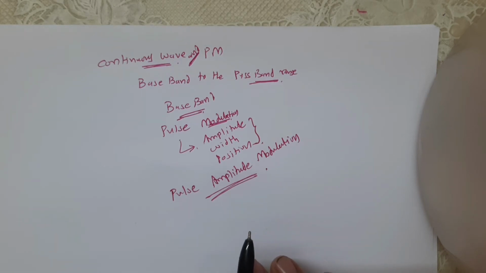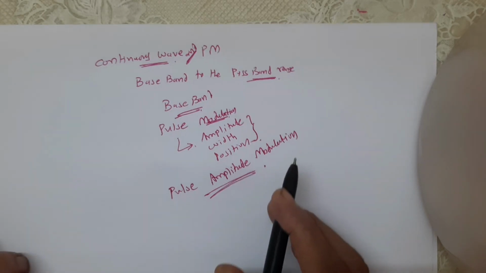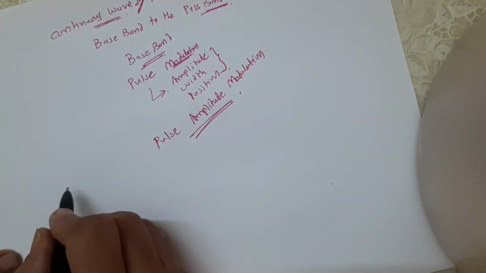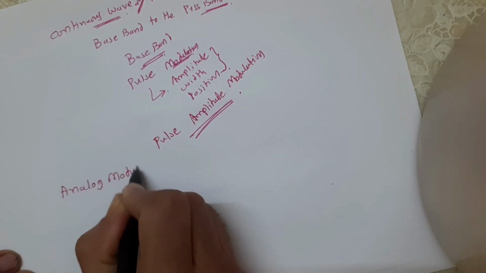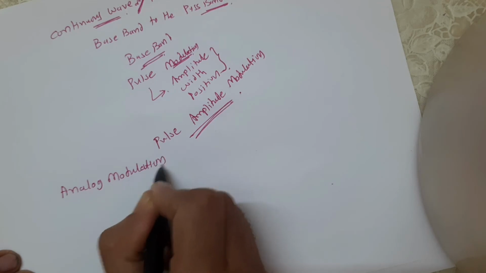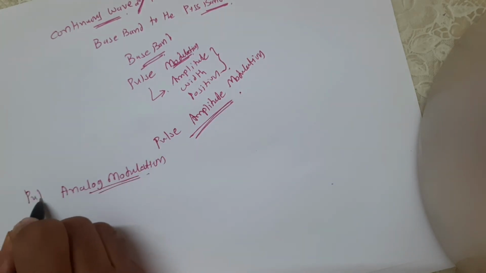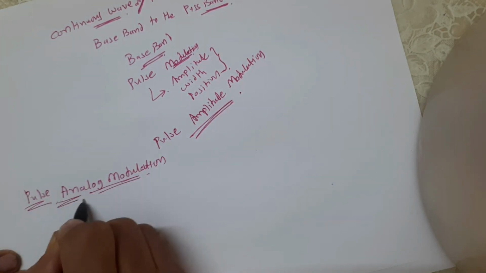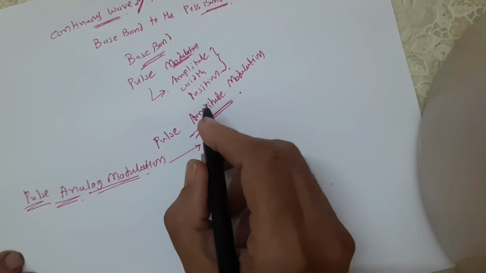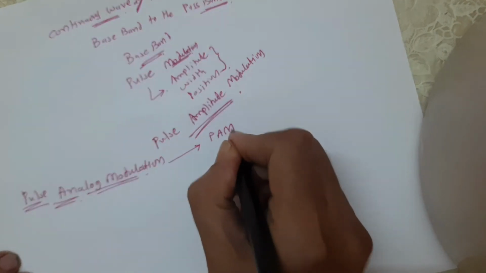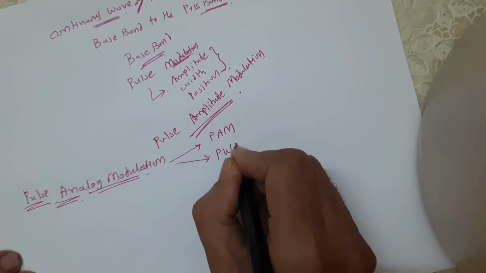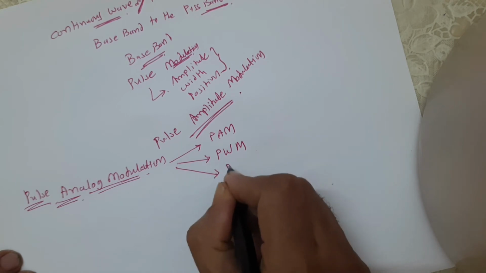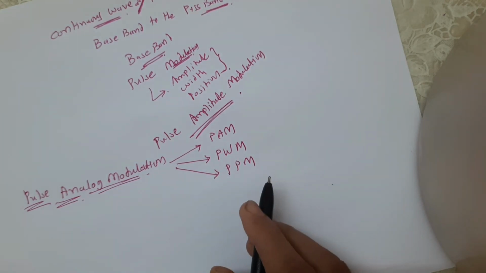The pulse analog modulation techniques are of three types: PAM, pulse amplitude modulation, PWM, pulse width modulation, and PPM, pulse position modulation.